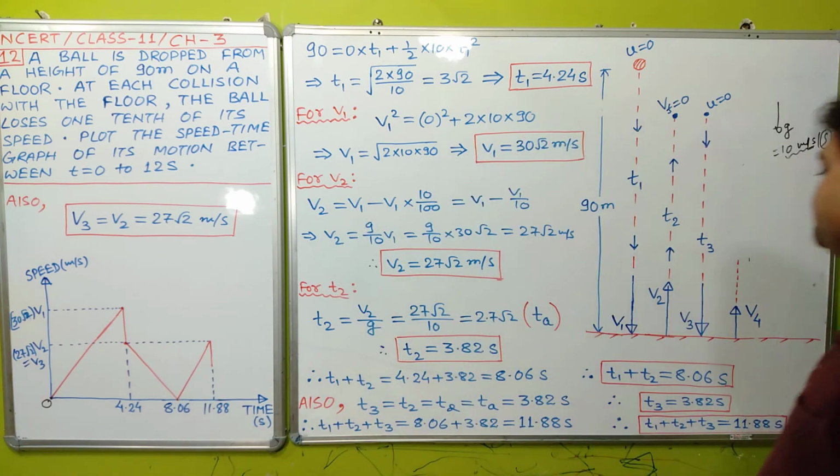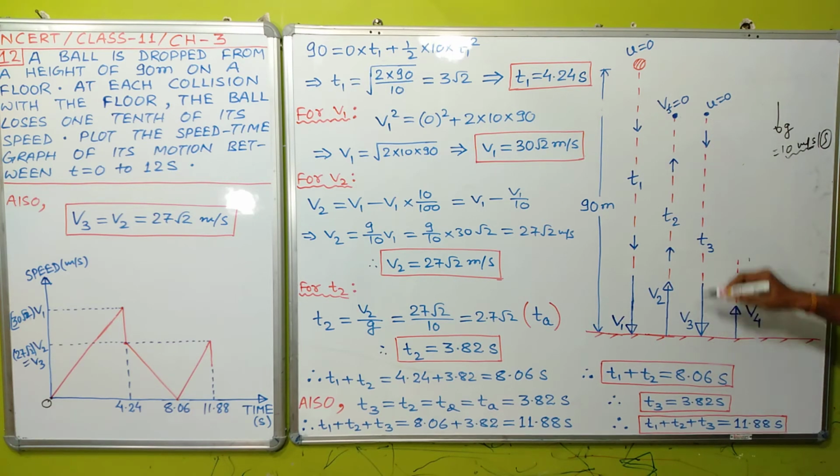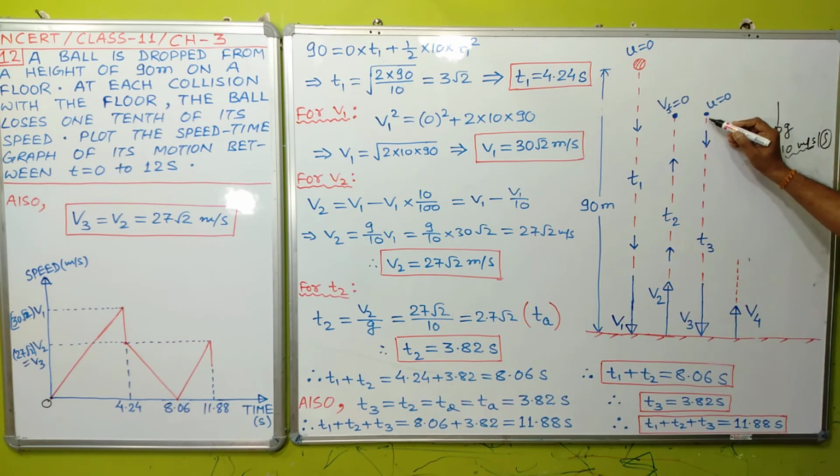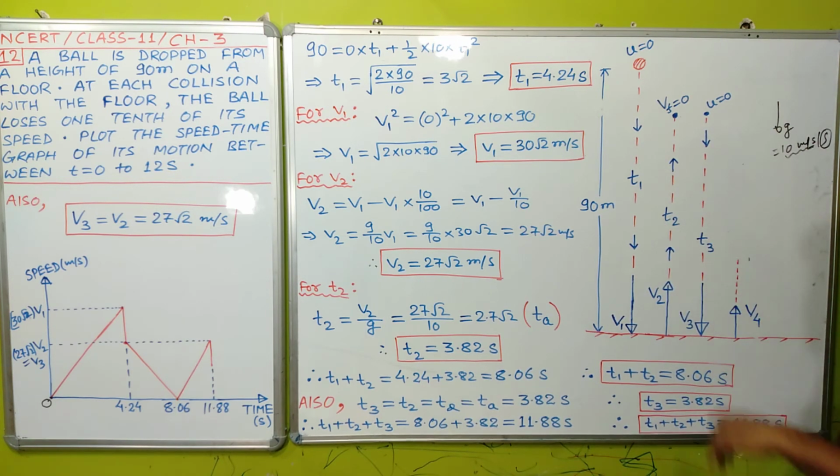Okay student, now again what will happen, the ball will return towards the ground with initial speed 0, and this is now called time of descent, the time taken by the body to reach the ground from maximum height. Again you can understand that the time of ascent and time of descent will be equal.